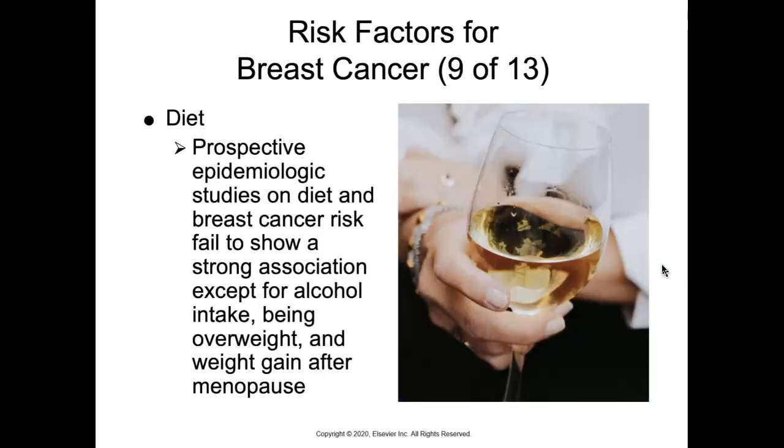Diet is really interesting to look at. There have been so many studies looking at the different aspects of diet and breast cancer risk, although we haven't found a really strong association between the two, except for alcohol intake, being overweight, and looking at the weight gain after menopause.